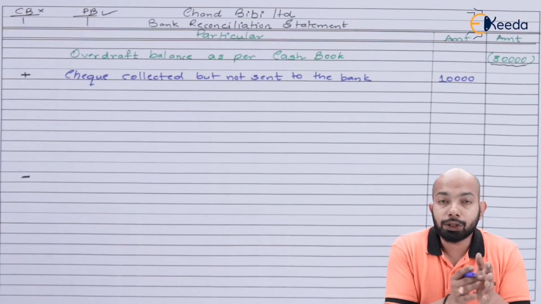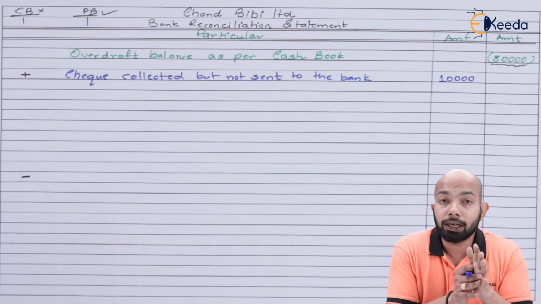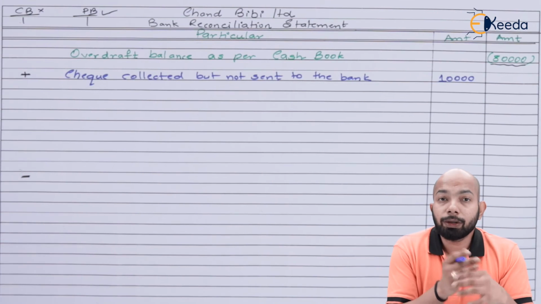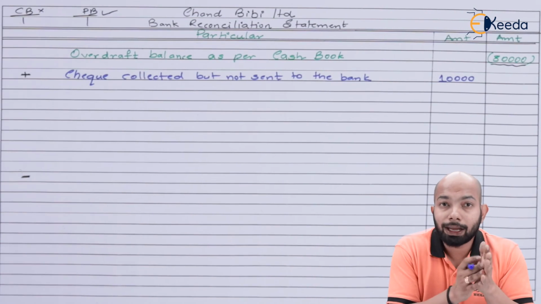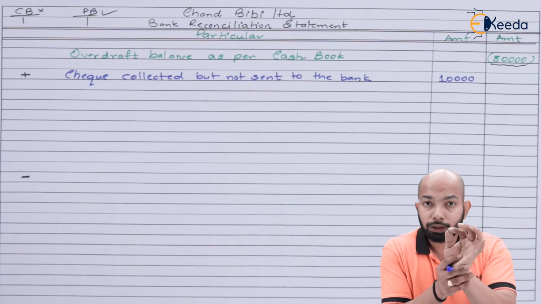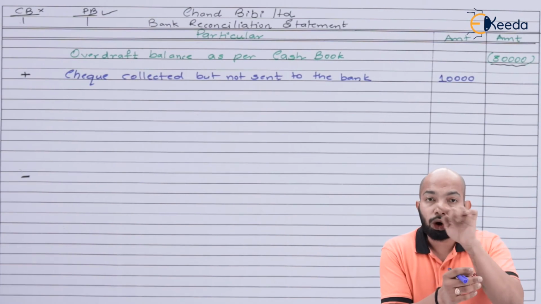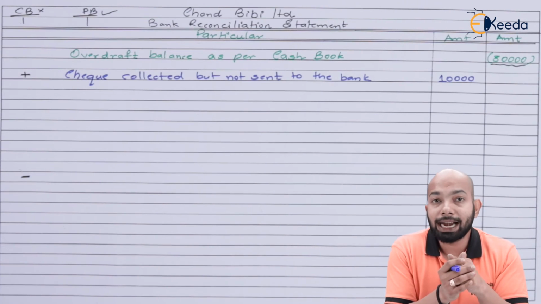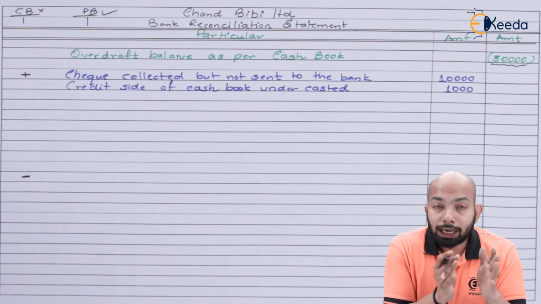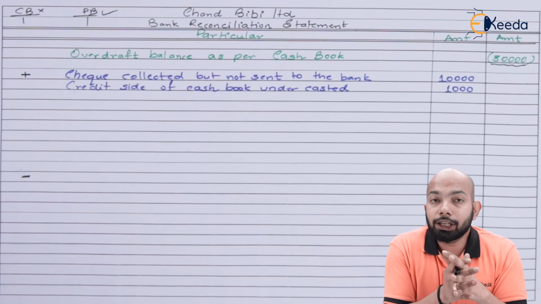The next transaction refers to the credit side of the cash book being undercasted. That means the credit side of the cash book was supposed to be further subtracted, that much balance should have been added there. So it has to be subtracted further. It is related to the wrong book, hence that much balance will be added again. Now let's go to the next transaction here. A check received, or rather deposited, was entered twice into the cash book.